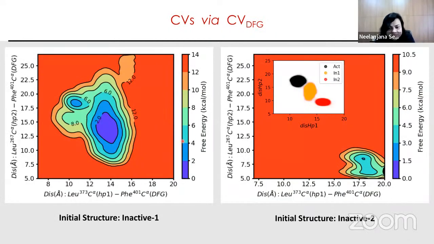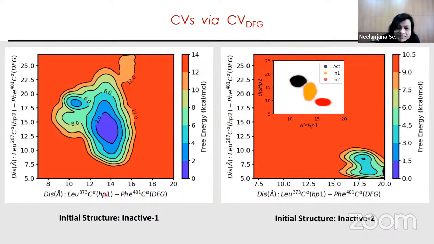Then, if you start doing conventional sampling, starting from one of the two inactive states, and you believe that you should be able to go to the active state using these collective variables, you find that it actually depends on your starting state. Perhaps it's an artifact of insufficient sampling. These are results from ABMD simulations. Perhaps we need to go further in sampling. But clearly, depending on where you start from, you either end up in the active state or you do not.